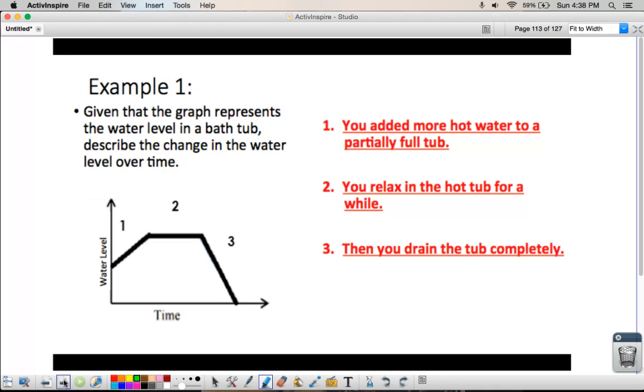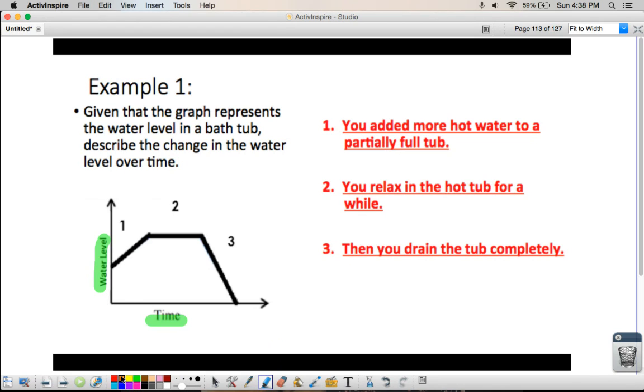So given that the graph represents water level in a bathtub over time, describe the change in the water level over time. So first it says you added more hot water to a partially filled tub.